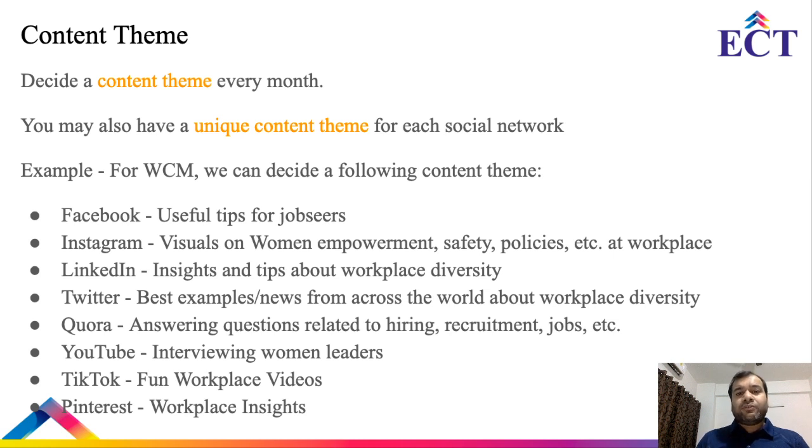You may also have a unique content theme for each social media network, but then that will be a very extensive thing. So what you can do is you can have a content theme for a month, and then you will create all types of content in that month centered around those themes only, those topics only, right?